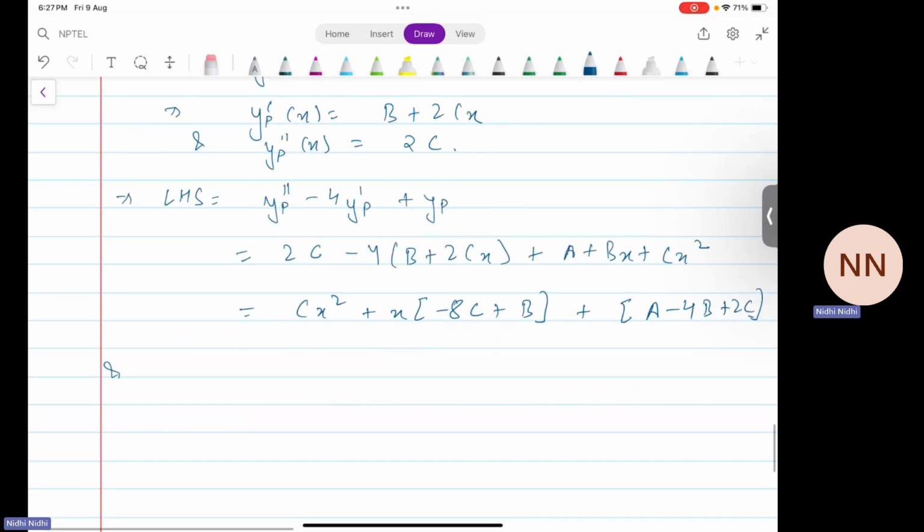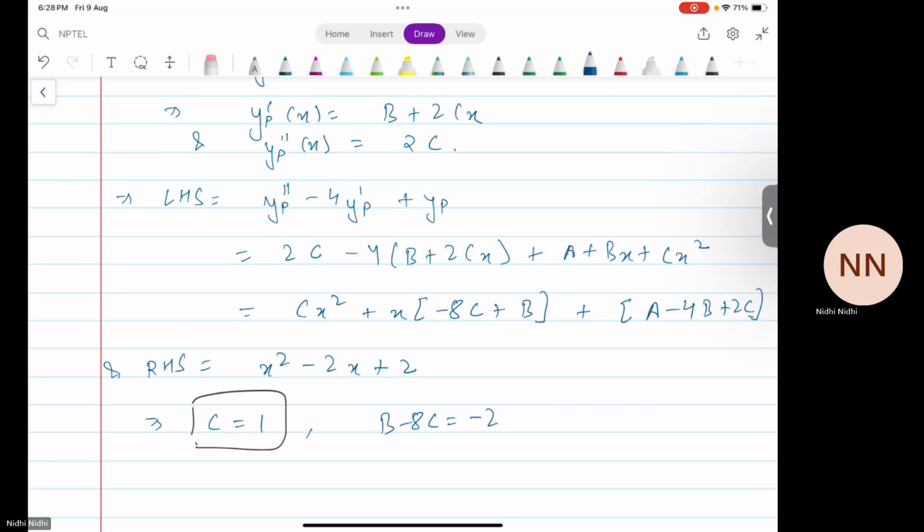And our RHS was x square minus 2x plus 2. So this gives us that c is equal to 1, and b minus 8c is equal to minus 2. Now since c is equal to 1, we get b is equal to 6.